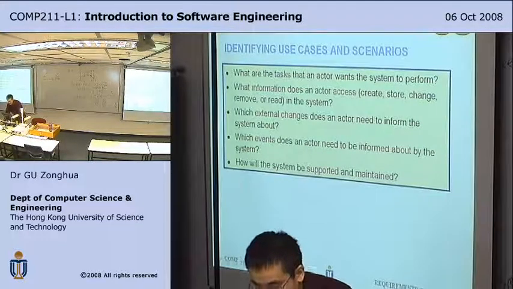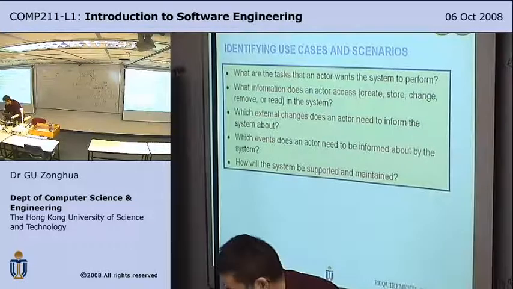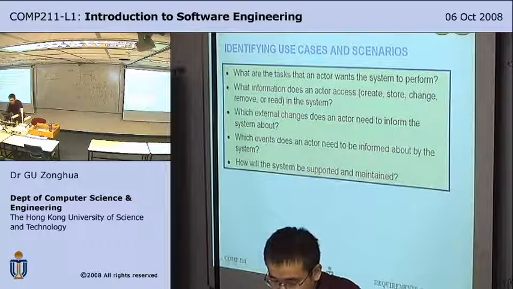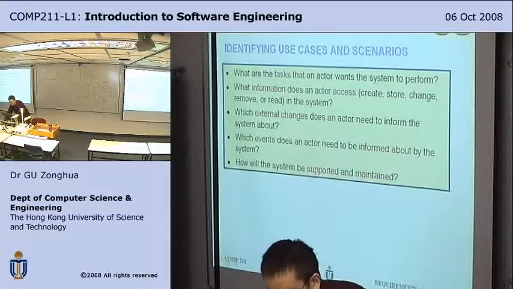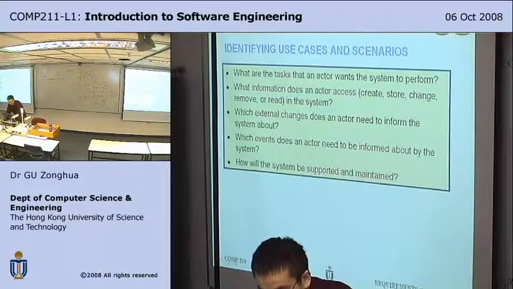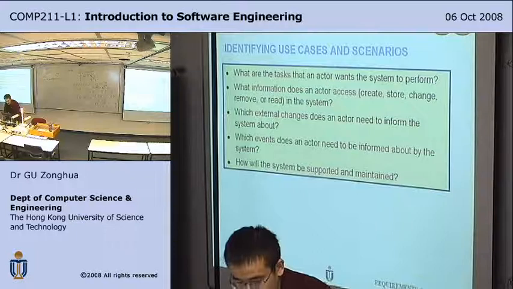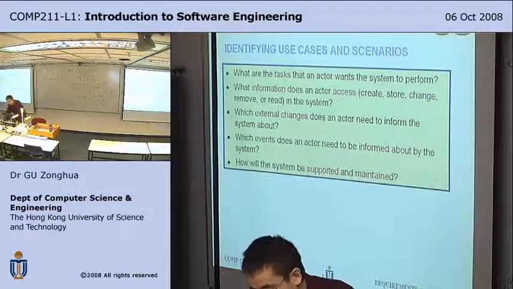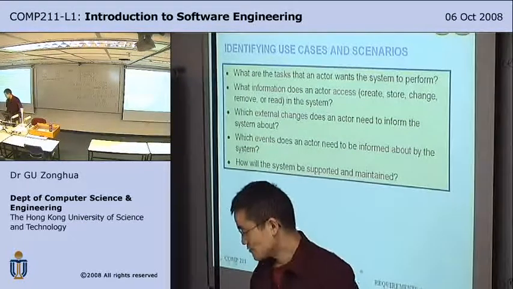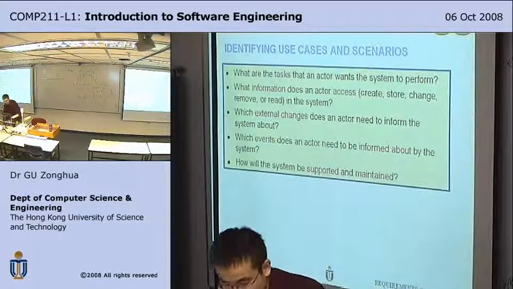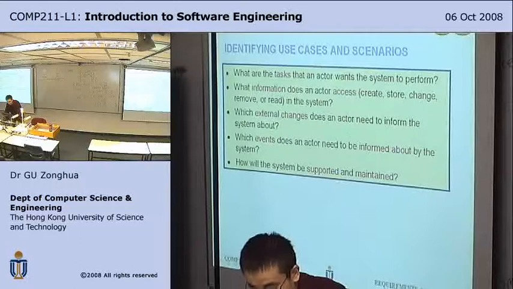What external changes does an actor need to inform the system about? That's the part of the input to the system to inform of the change in the environment. What events does an actor need to be informed about by the system? That's the output from the system to the actor. So, for example, the registration system provides information about registered students to the billing system. That's the event output to the billing system.